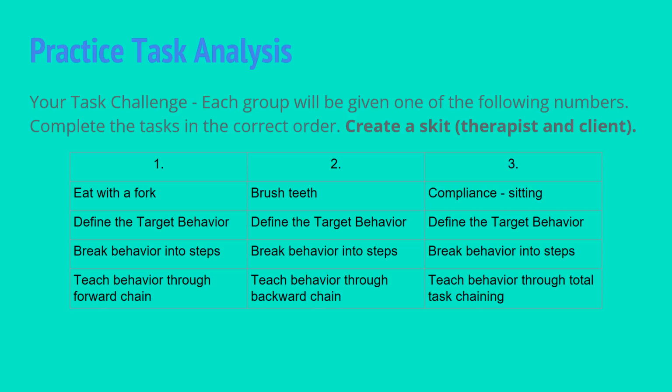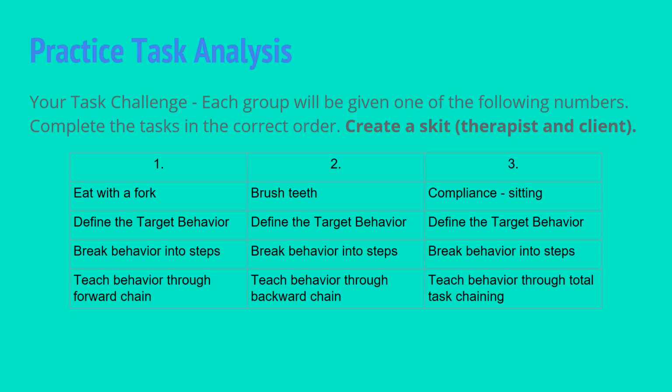Okay, let's practice the task analysis. Your task challenge. Each group will be given one of the following numbers. Complete the tasks in the correct order. You will be creating a skit as therapist and client. Number 1 tasks include eating with a fork, defining the target behavior, breaking behavior into steps, and teaching behavior through forward chaining.